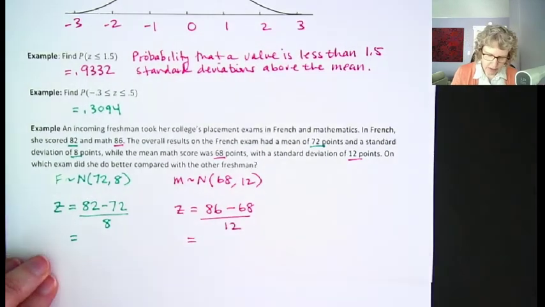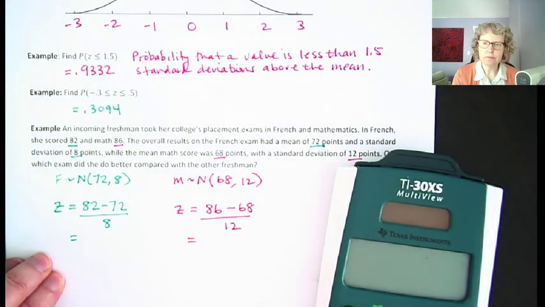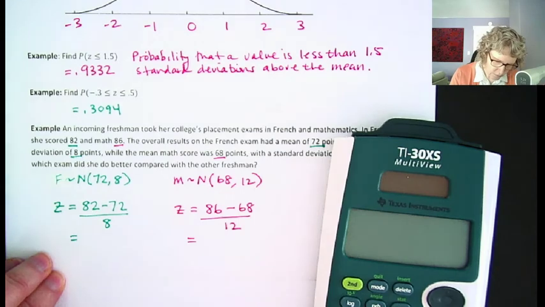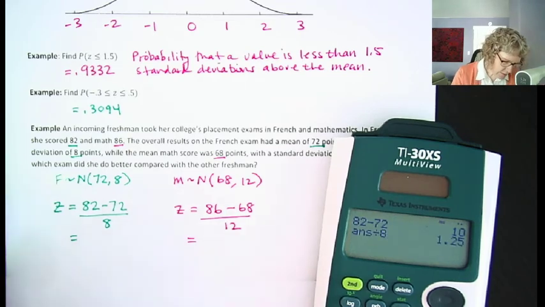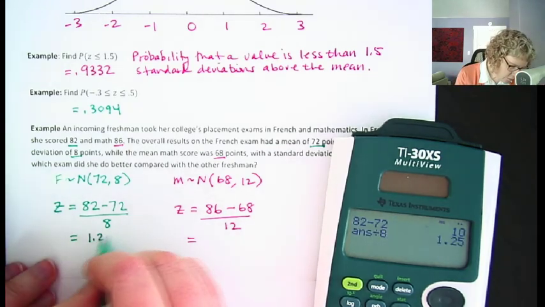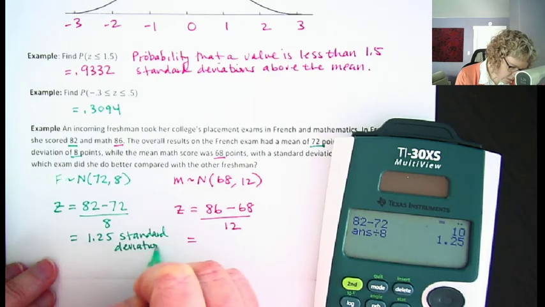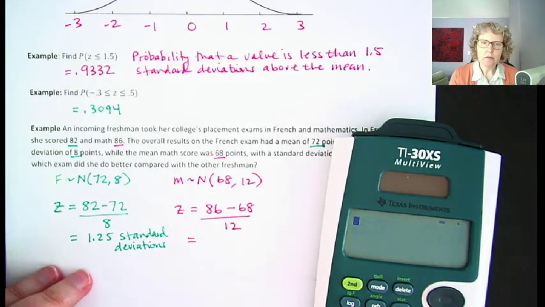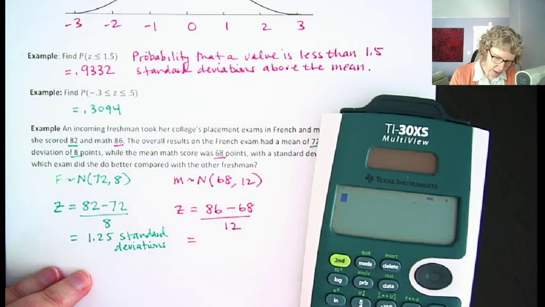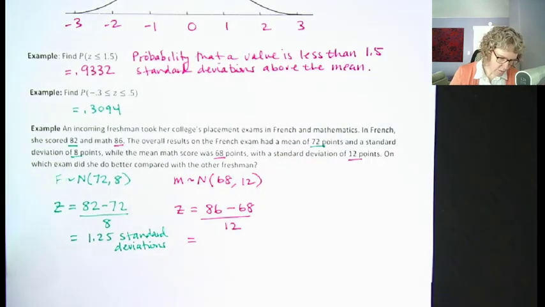Okay, so let's calculate both of those. 82 minus 72 is 10 divided by 8, 1.25 standard deviations. And for math, 86 minus 68 is 18 divided by 12 is 1.5.